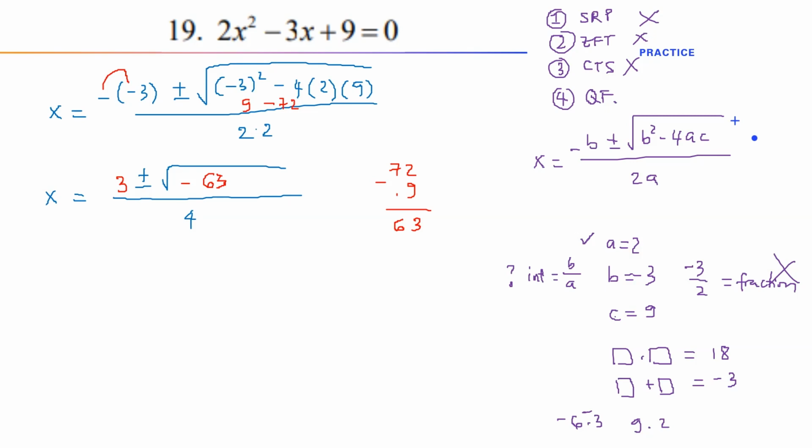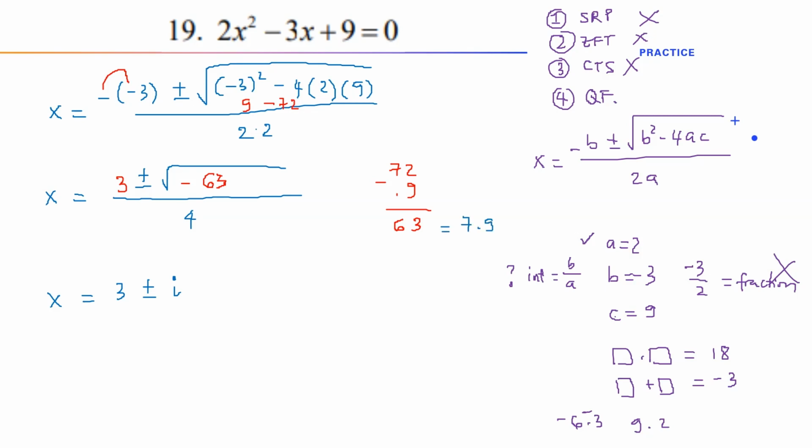If it's 64, it's going to be nice, right? But then it's 63, that's okay then. 63 is 7 times 9. So 7 times 9 is 63. We can rewrite it, simplify it by x equals 3 plus or minus negative i, right? 63 equals 7 times 9.